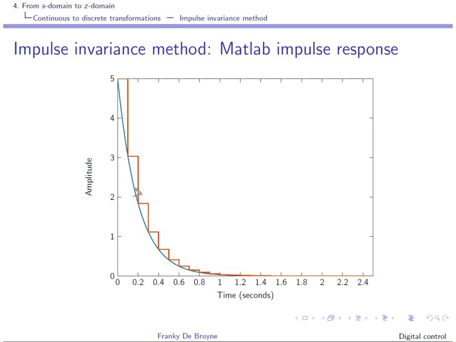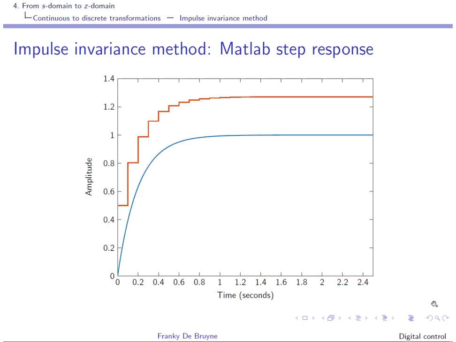As you can see, they match at the sample instances. Here you have Ts equal to 0.1. Here we compare the continuous time step response in blue and the one that we have obtained using our impulse invariant equivalent description of the system.